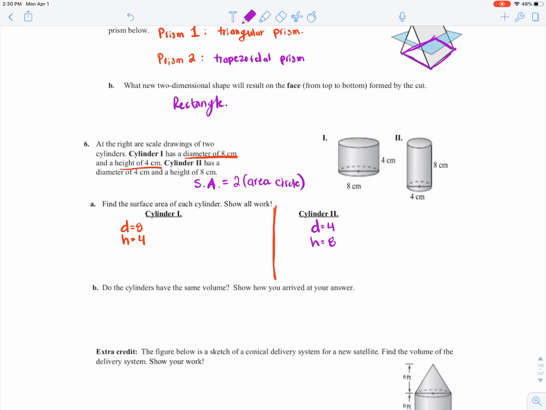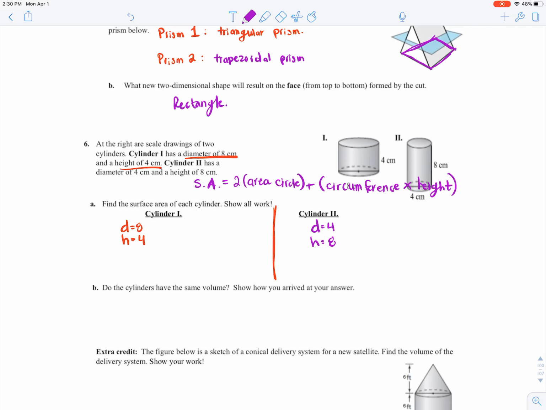The next thing you need to find, you're going to add, is the circumference. Next, you're going to find the circumference, and then multiply it by the height of your cylinder. Once you have these two things, you're going to add them together.